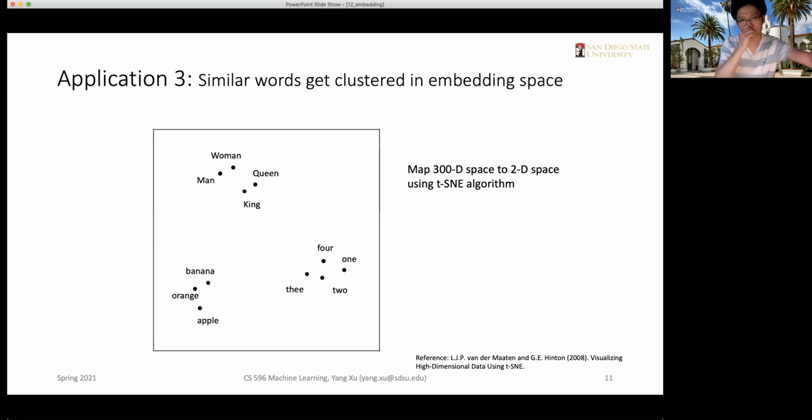Okay, so for example, we can use the cosine similarity as the metric for clustering algorithms, so that the words that are close to each other can be categorized into the same cluster, and the higher dimensional vectors can be visualized as lower dimensional vectors.